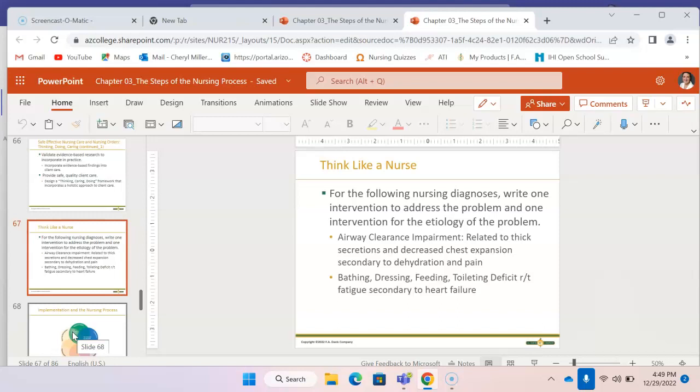Write one intervention to address the problem and one intervention for the etiology. Airway clearance impairment, they can't get the crud up, related to thick secretions and decreased chest expansion, secondary to dehydration and pain. One intervention that you think might be needed here. Thick secretions, what do we tell people with thick secretions?